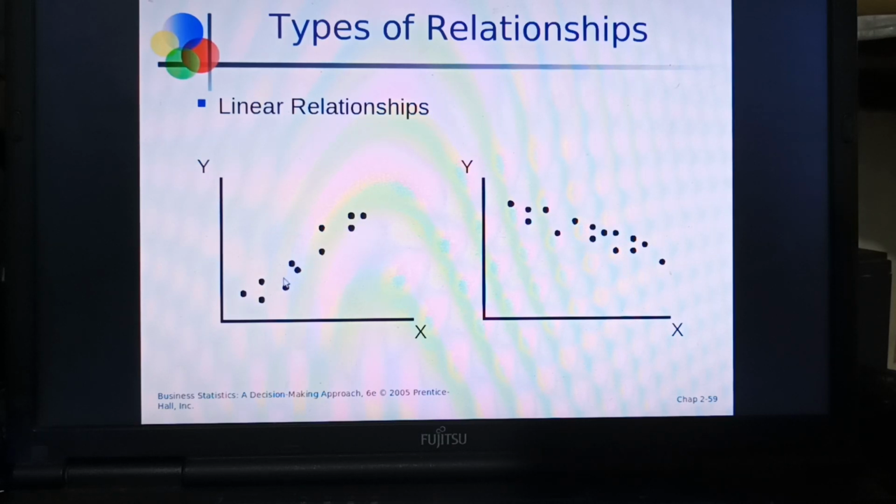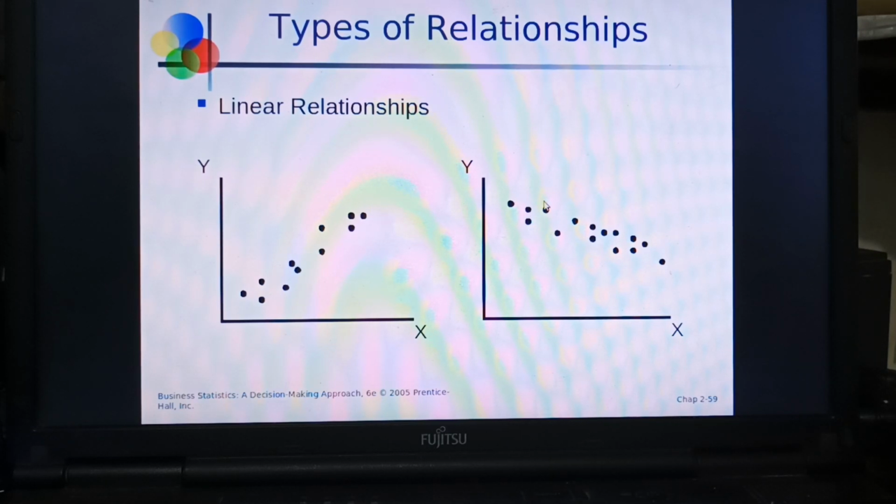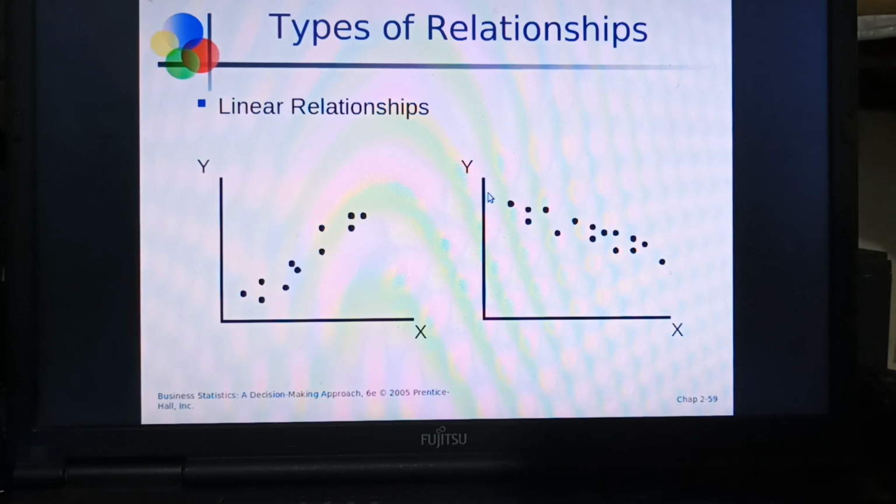Usually, if you draw a line here, the line is straight, and the same here. If you average the dots, more or less the line would be straight. That's a linear relationship.